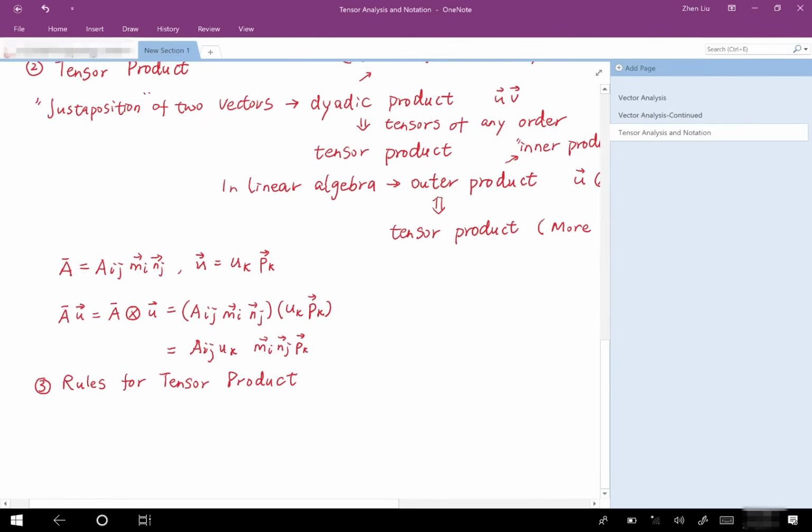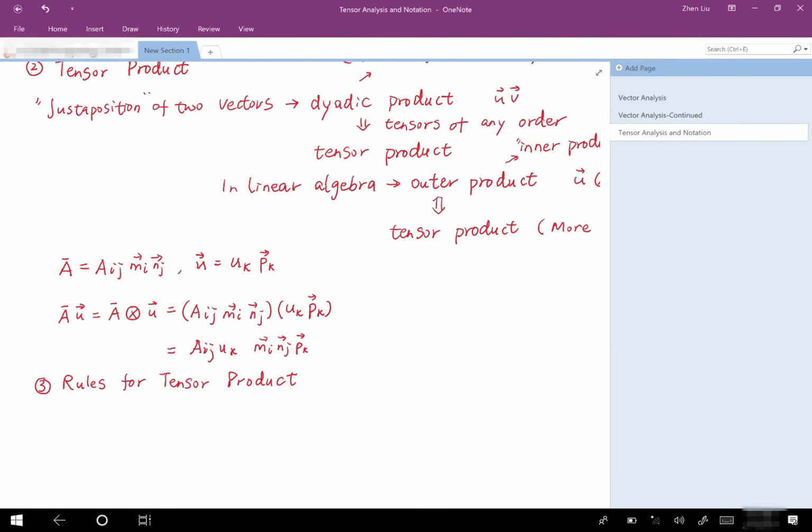CAD, right? Commutative, right? That means we can switch the position of two things that are next to each other. And second, the A, yeah, associative. That means, when we have three terms, we can just put any two of them together. For distributive, when we have the operation between one thing and the summation of two other things, we can associate the first thing and the other two things in the parentheses together. So that's distributive.